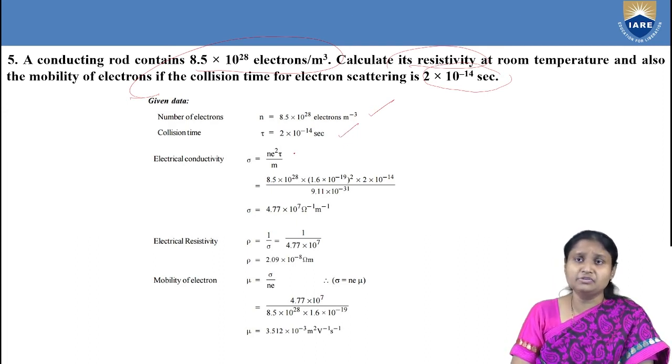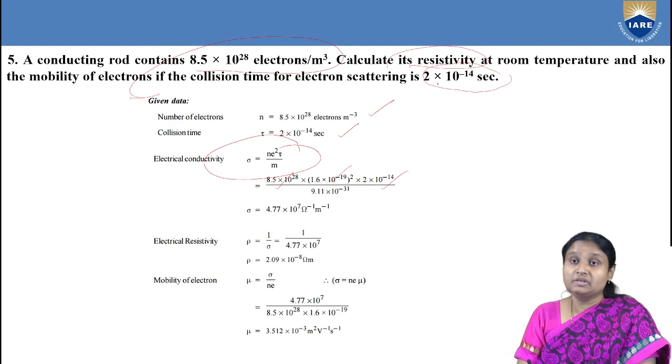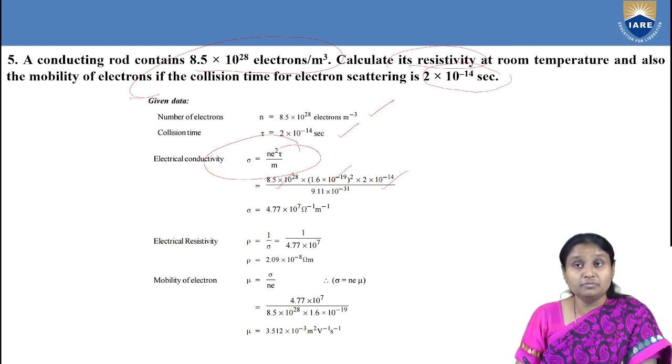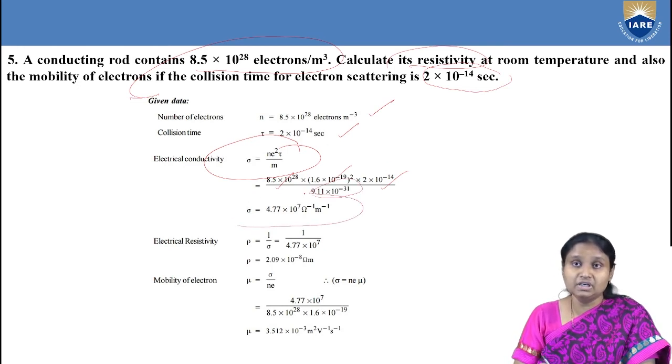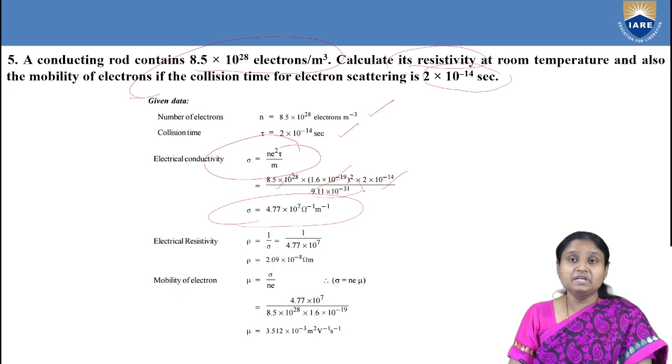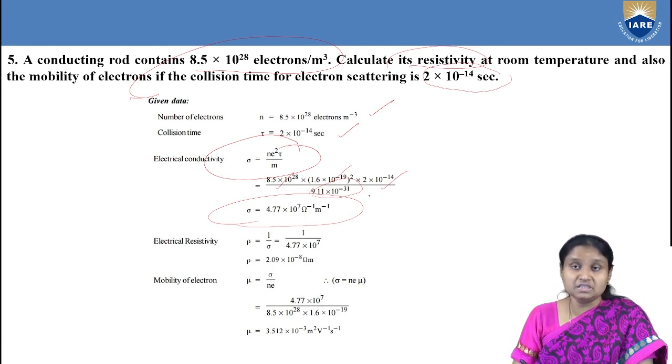First we'll try to find conductivity using this formula, which is Ne square tau by m. We have the value of n, the charge of electron, and the collision time, which is 2 into 10 power of minus 14 seconds. And then we have our mass of electron. When we substitute all this, conductivity comes out to be 4.77 into 10 to the power of 7 ohm inverse meter inverse.